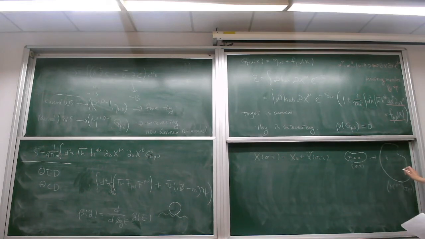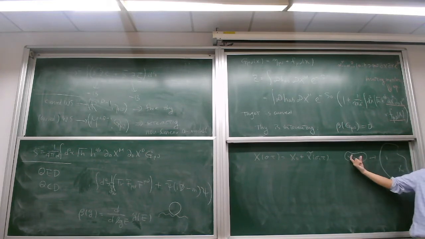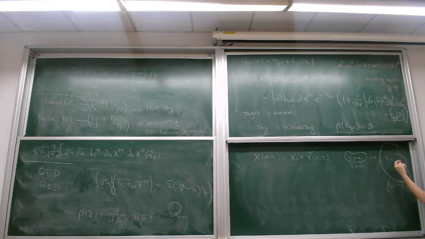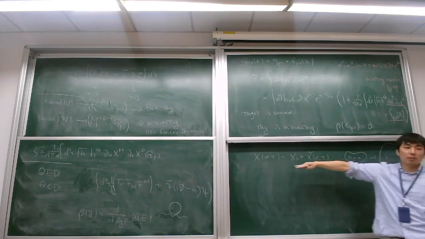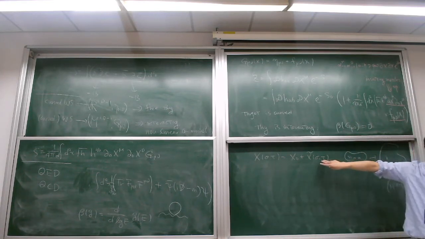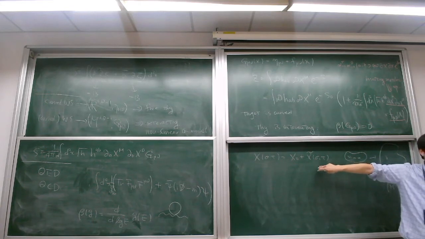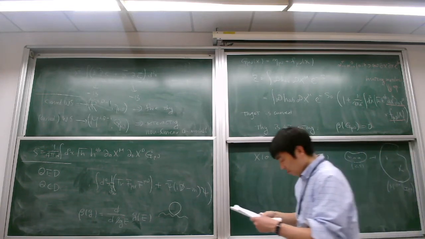Then you pick a point here, x naught, and suppose we just consider a constant map. All the Riemann surface collapses to the point x naught, and you just do a bit of perturbation. That's what we are going to do.